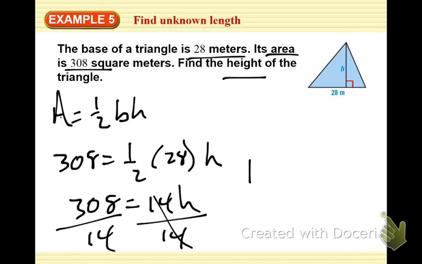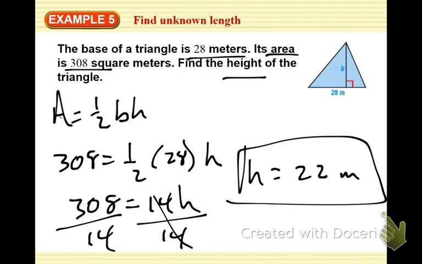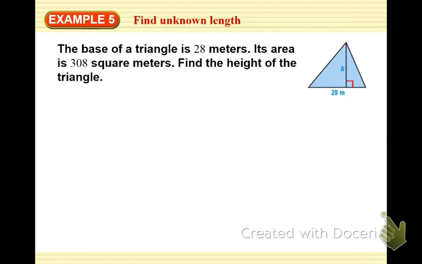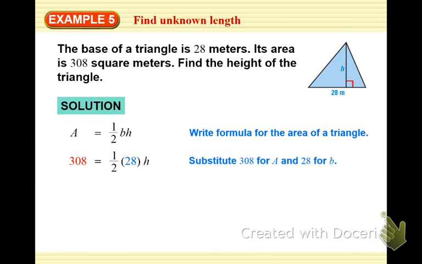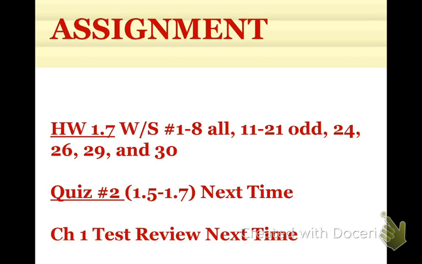The height simply becomes a matter of taking 308 divided by 14, and that's 22 meters. Just working backwards. We should be able to work backwards through these formulas as well. And here's the book solution I'll get through. And that's it.